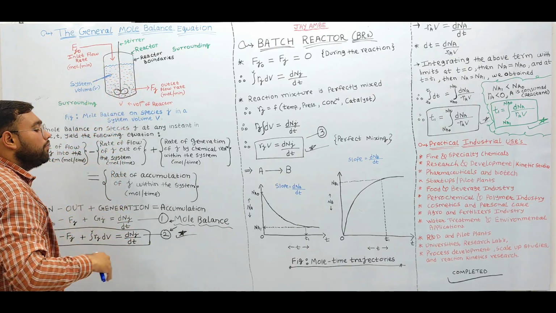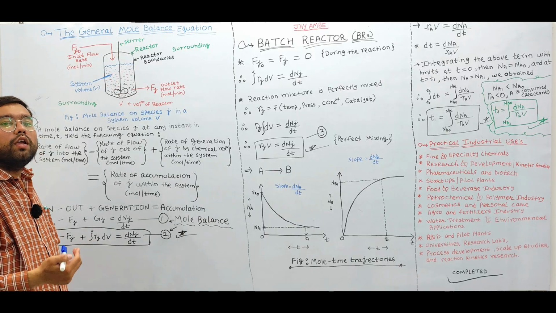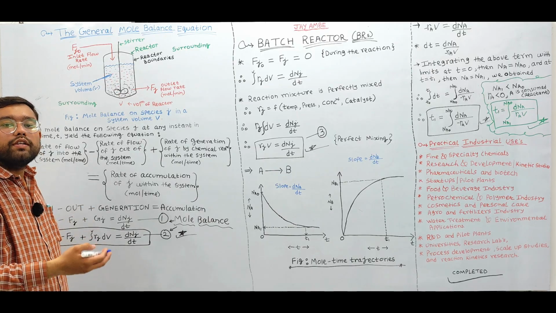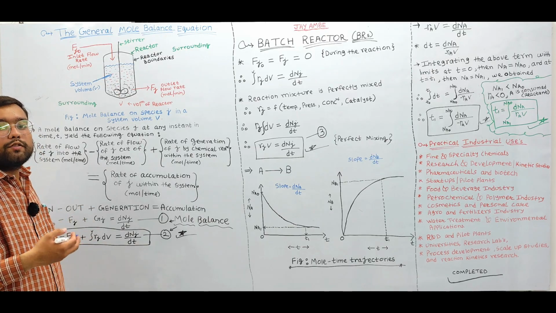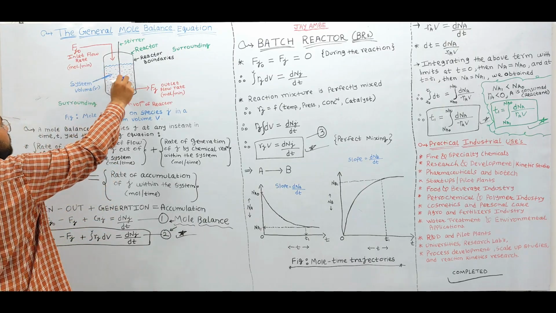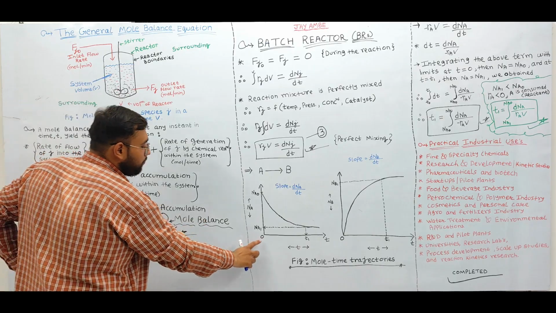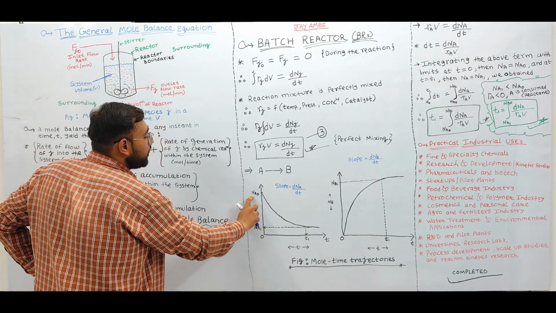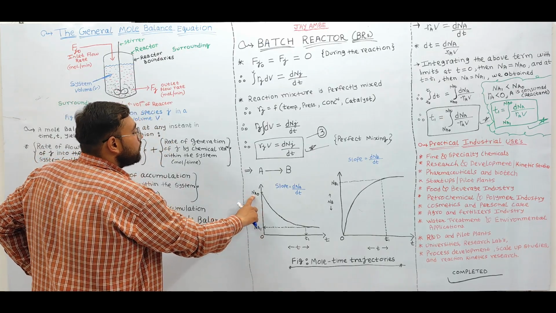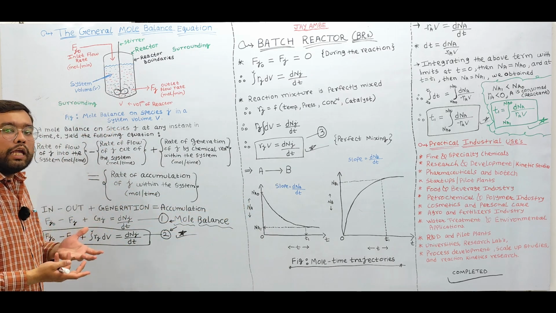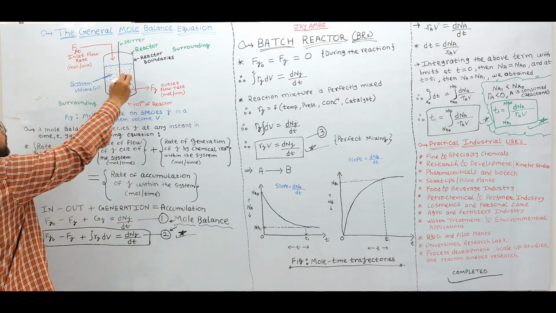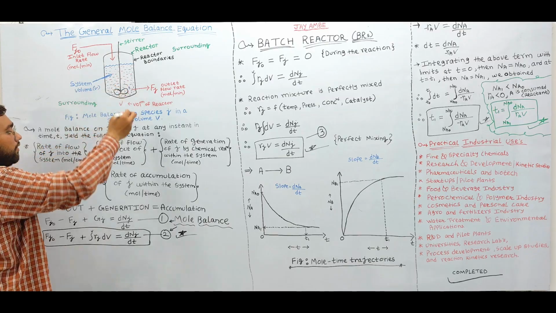So at time t equal to 0, we have the maximum concentration of reactants present inside the reactor reaction volume. So at time t equal to 0, we have Na0. Na0 means the initial amount of A present in the reactor reaction environment.